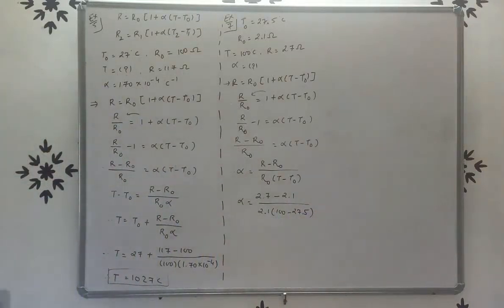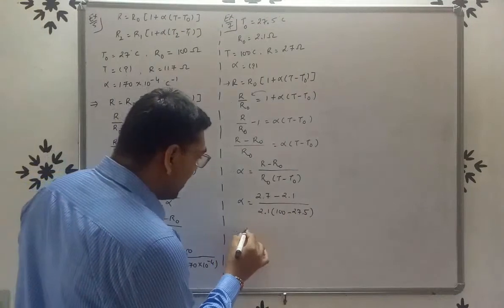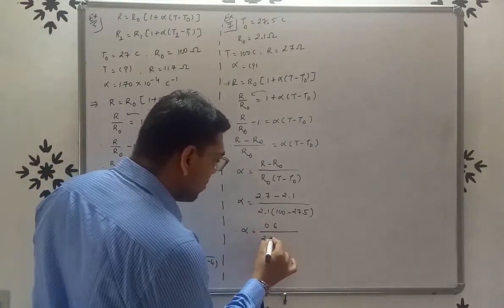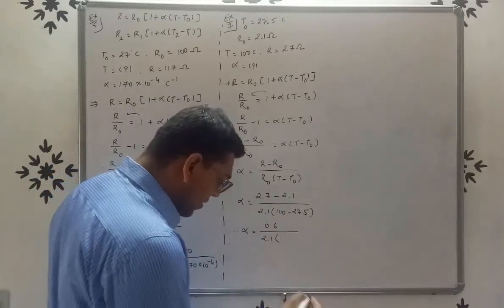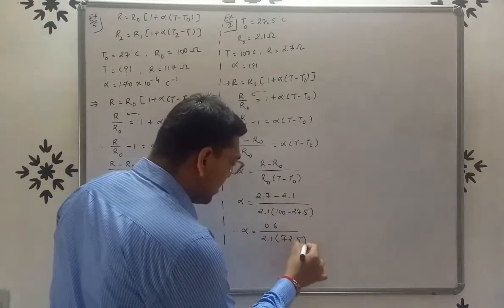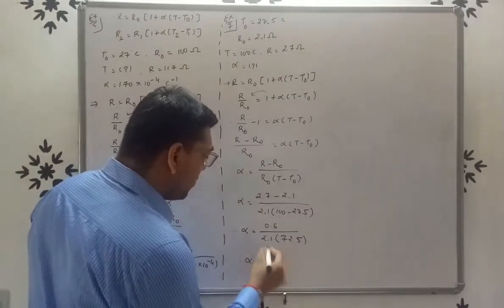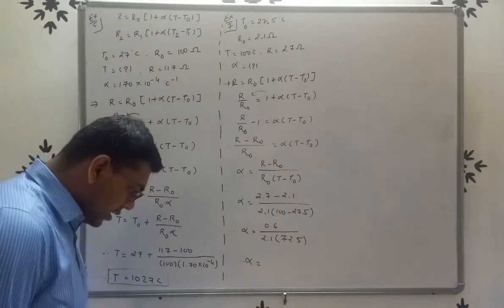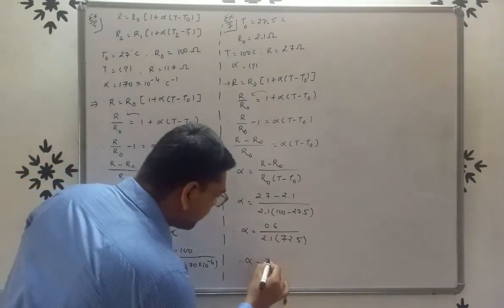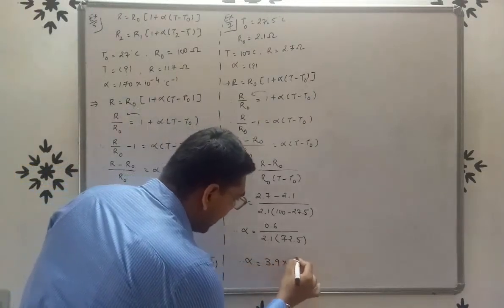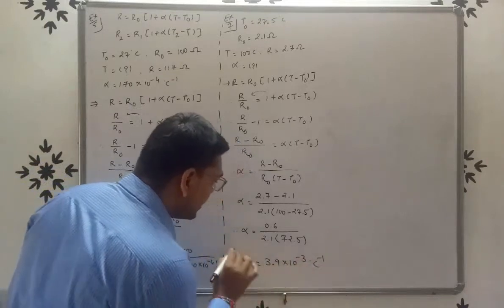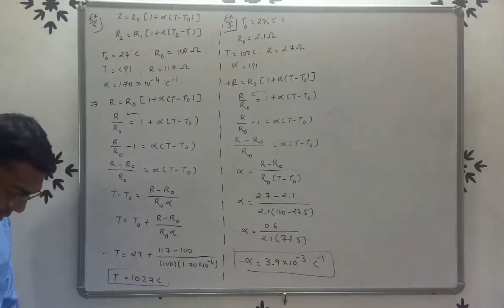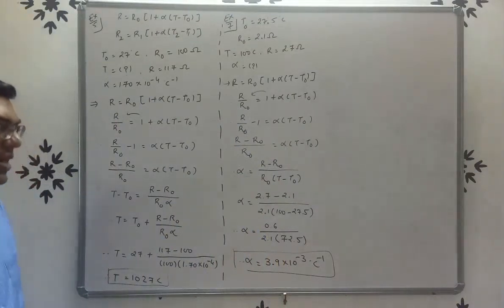So if you solve this equation, we will get alpha is equal to 2.7 minus 2.1, this is 0.6, upon 2.1 into 100 minus 27.5, which is 72.5. So if you solve this, then you will get alpha is equal to 3.9 into 10 raised to minus 3 degrees Celsius inverse.